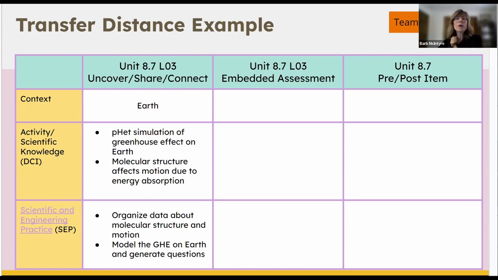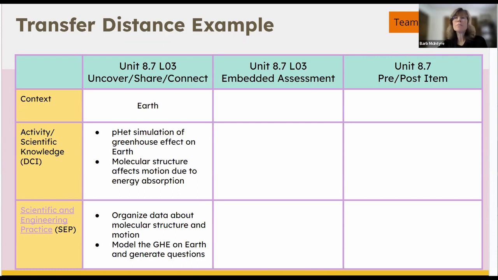Then they're going to have to organize data about the structure and motion and how that affects the way those molecules react to energy. And then they're going to make a model of the greenhouse effect on Earth and generate questions that they still have about the greenhouse effect and how greenhouse gases work on Earth. So this is a quick recap of what they're going to do in the lesson.